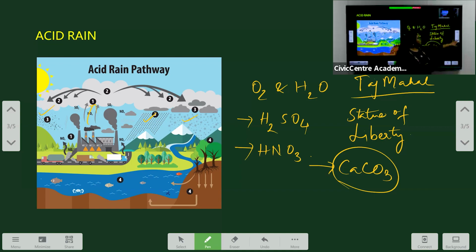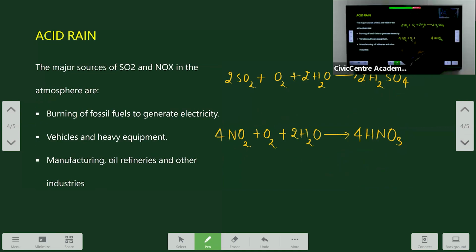Right. So let's look at the major sources of sulfur dioxide and nitric oxides in the atmosphere. These are released into the atmosphere due to burning of fossil fuels that are used during the generation of electricity, and also the vehicular exhaust and heavy equipment, and also the effluents that are released during the manufacturing of oil refineries and other industries are the major sources of these pollutants.